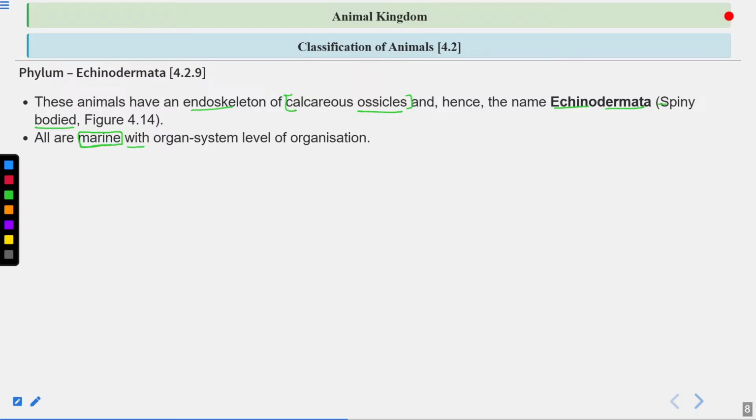So these are respiratory organs, the respiratory system, the circulatory system, the excretory system. Clear? So like mollusks, echinoderms also have organ system level of organization. Clear?